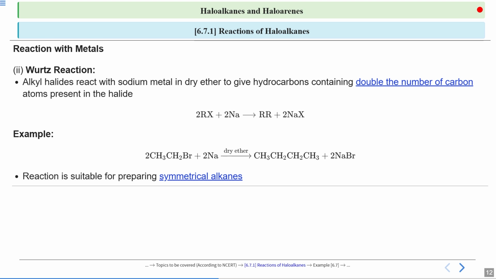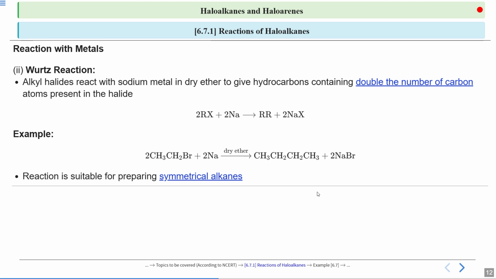Now this reaction is suitable for preparing symmetrical alkanes, because in your product you get double the number of carbons compared to your alkyl halide. The Wurtz reaction is suitable if you want to prepare a symmetrical alkane. As you can see, your product will always have an even number of carbons: 2, 4, 6.